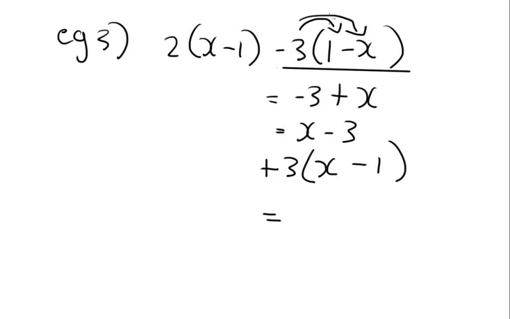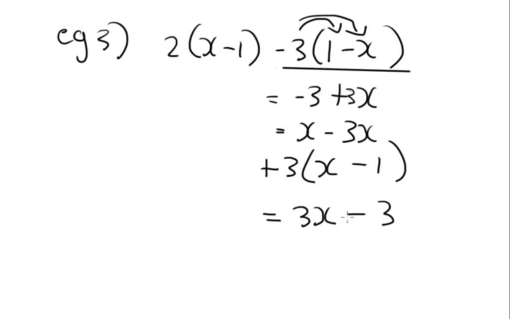That's negative 3 times negative x, which gives positive 3x. Apologies for that. So positive 3 multiplied by x is positive 3x, and positive 3 multiplied by negative 1 is negative 3. So you've got 3x minus 3 here, and 3x minus 3 there.